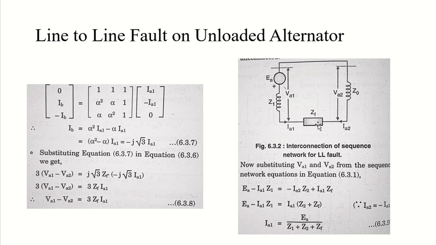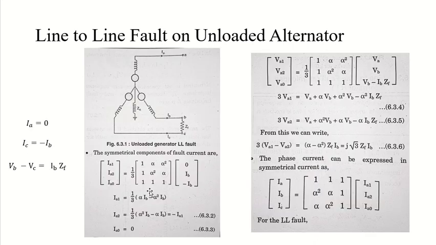So if the value of zeroth component IA0 will become 0, which means the zero sequence network is not connected at all, then we can find the value of VA1 and VA2 simply, the positive and negative sequence voltages, from the initially derived equations.